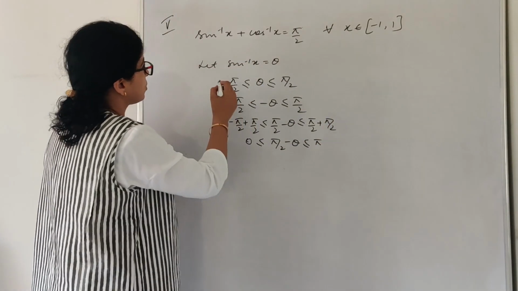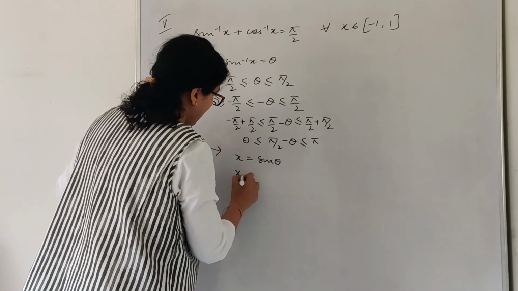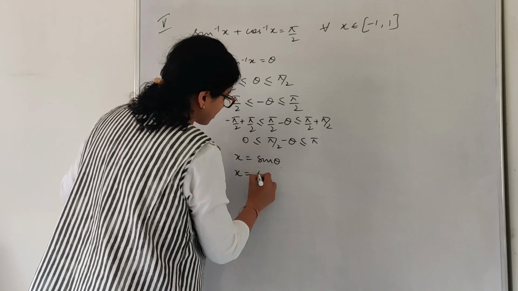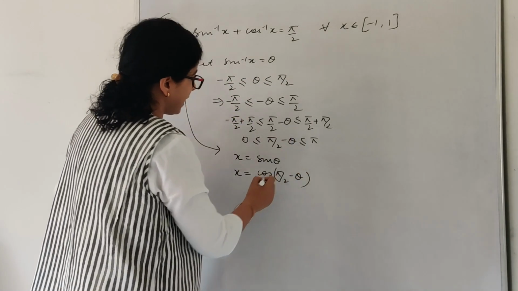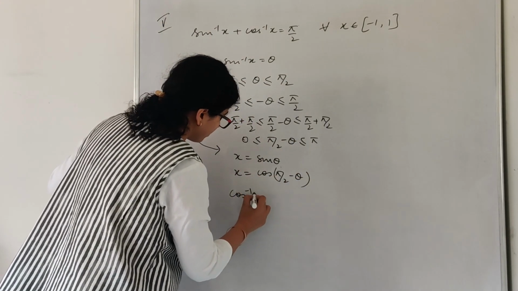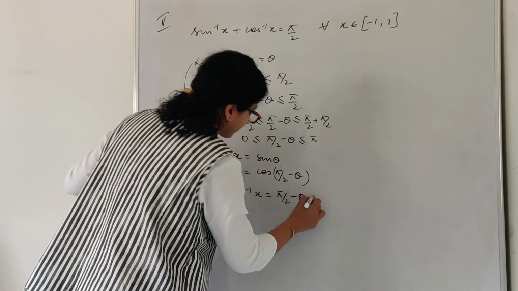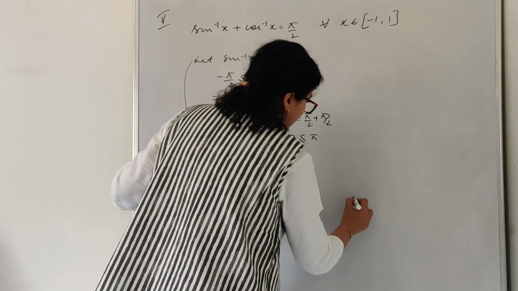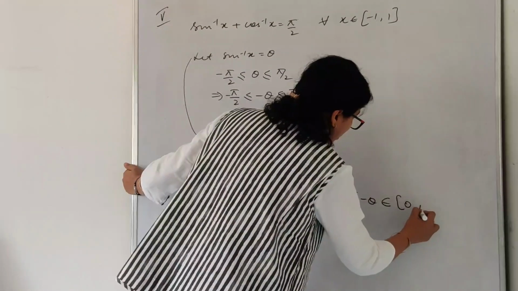So from here, x is equal to cos of (pi by 2 minus theta), and I can write cos inverse x is equal to pi by 2 minus theta, right? And my pi by 2 minus theta belongs to the closed interval 0 comma pi.